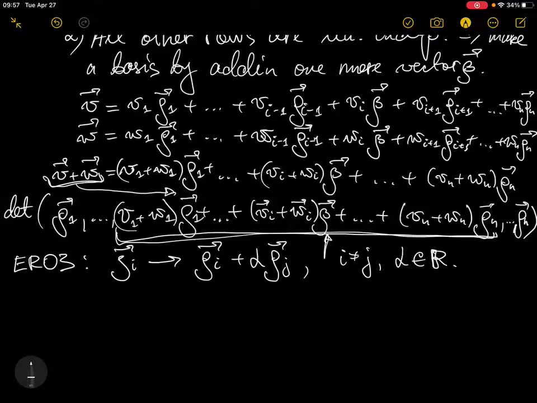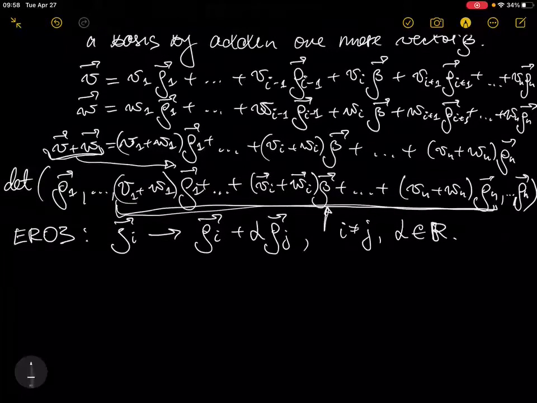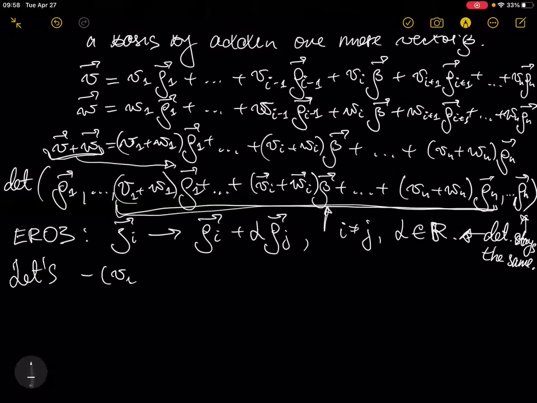Right? So I know that I can add, for example, to here, let's add, so the determinant stays the same under this operation, right? So let's consider negative V1 plus W1 row 1.